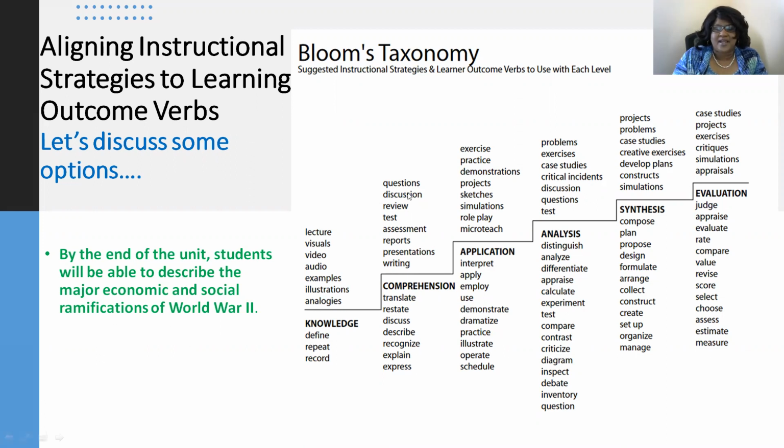And if you see right here in our list, to assist us, we have describe, and then we have some ways that you can foster in your teaching and learning activities. As it relates to the student being able to describe, you could put into your lesson opportunities for them to discuss topics, just like how we're doing today.